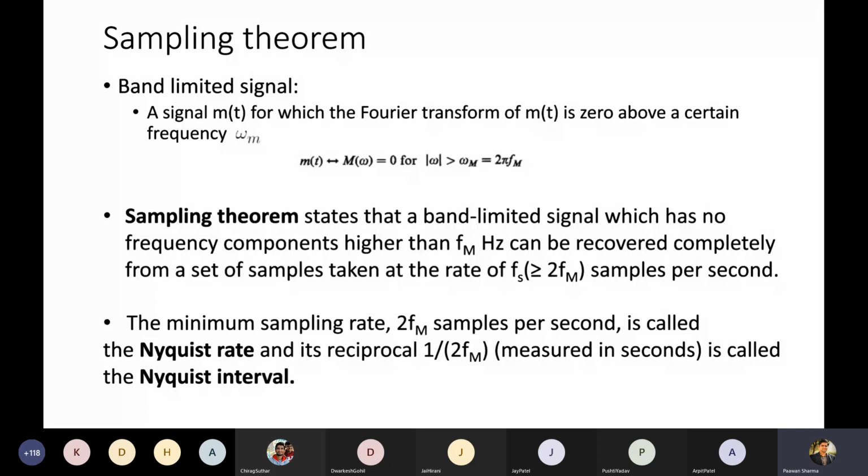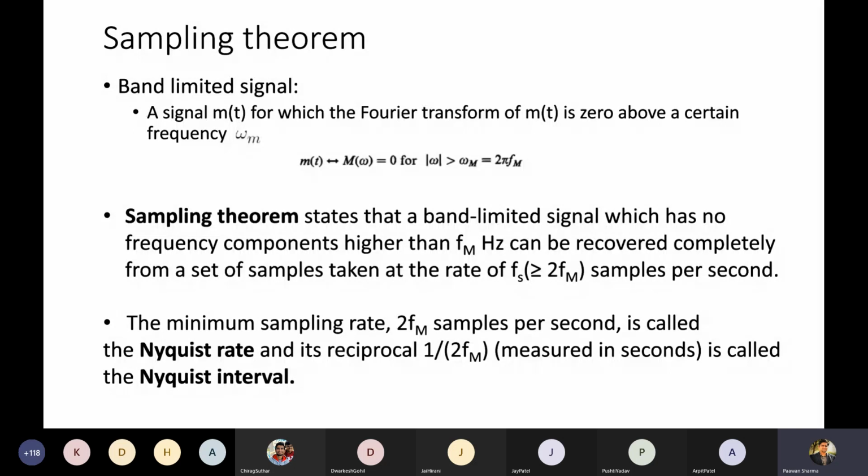So this sampling theorem is for the band limited signal. And what does it state? It states that in order to take samples from a signal where the maximum frequency component is fm, you need to sample it at a rate greater than or equal to twice fm.